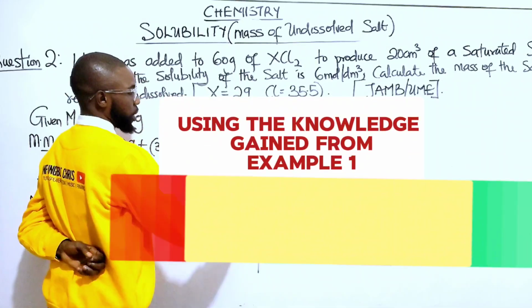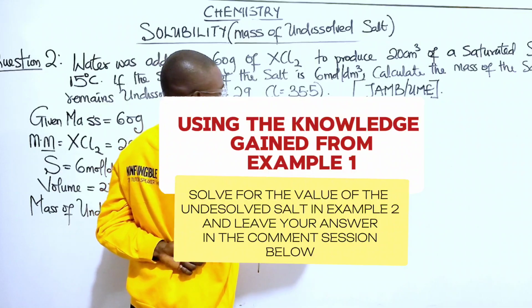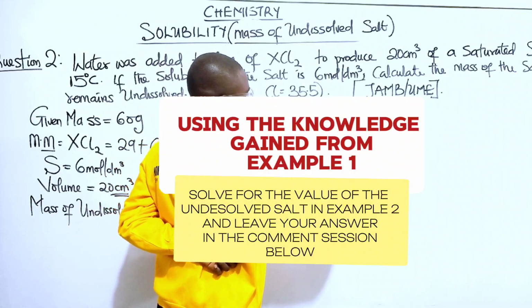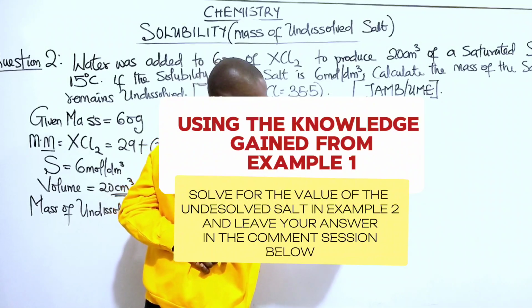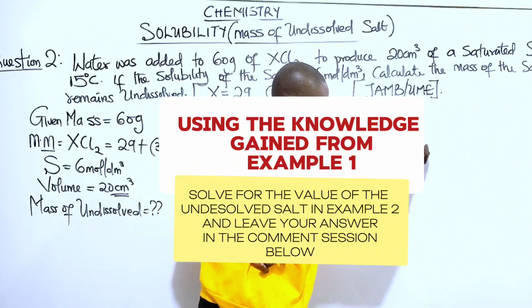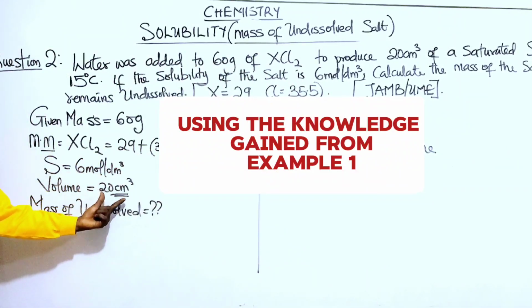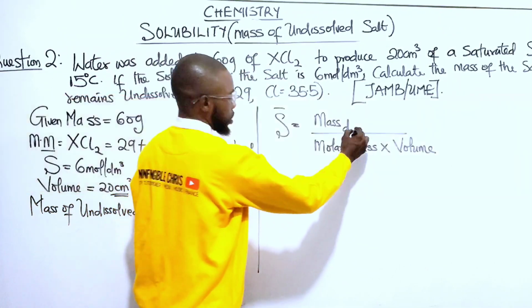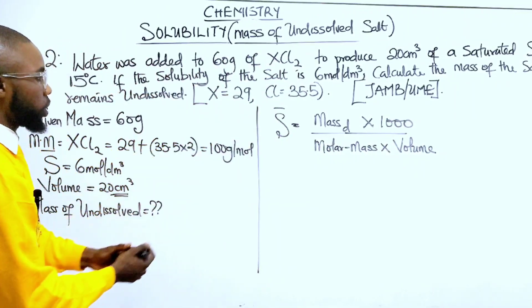We just demarcate here. We say solubility is mass of dissolved over molar mass times the volume. But since our volume is given in cm cube, we multiply by 1000. So let's just input our values.